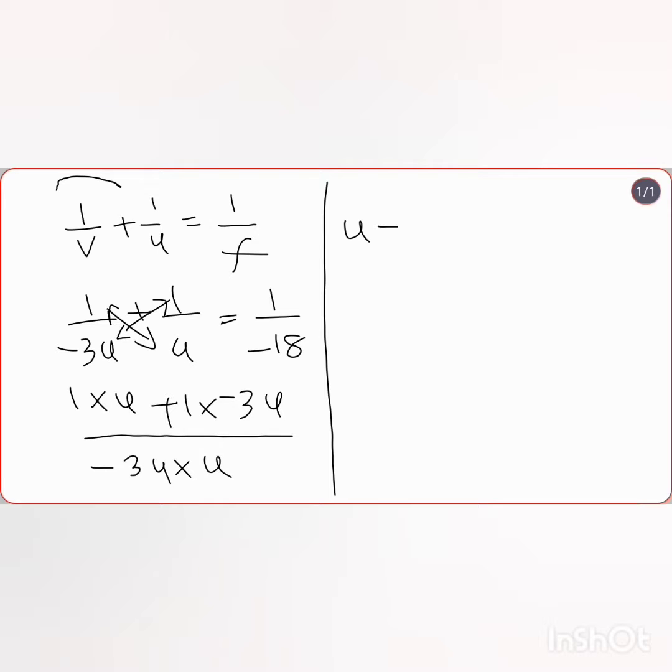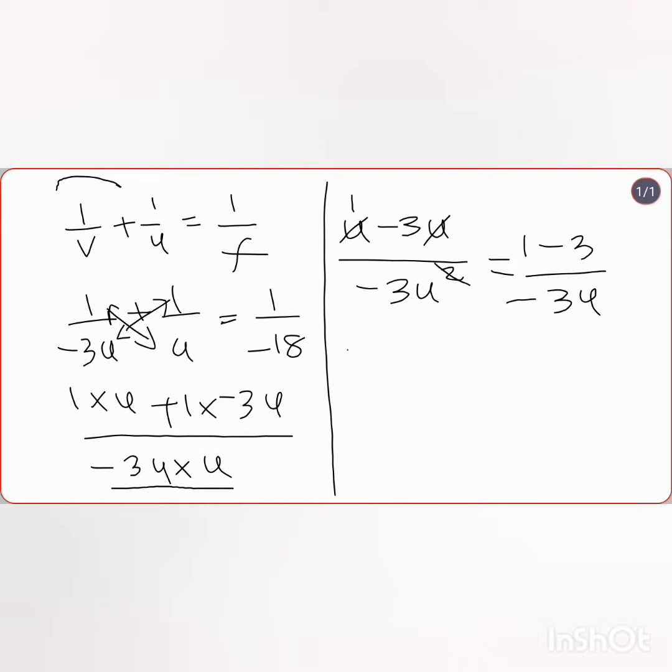So minus 3 into u divided by minus 3u into u, minus 3u square. So we can cut u. So from this equation, 1 minus 3 by minus 3u is equal to 1 by minus 18.